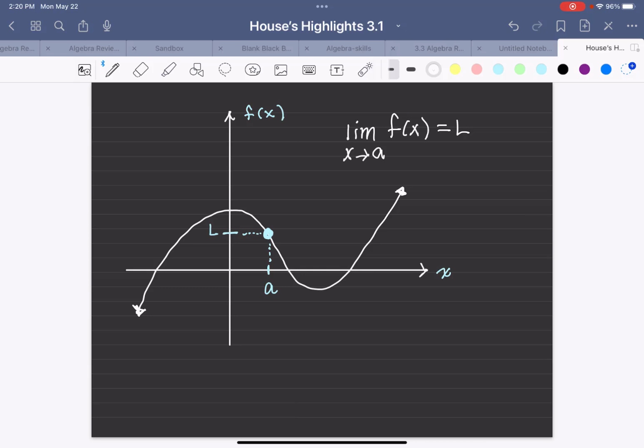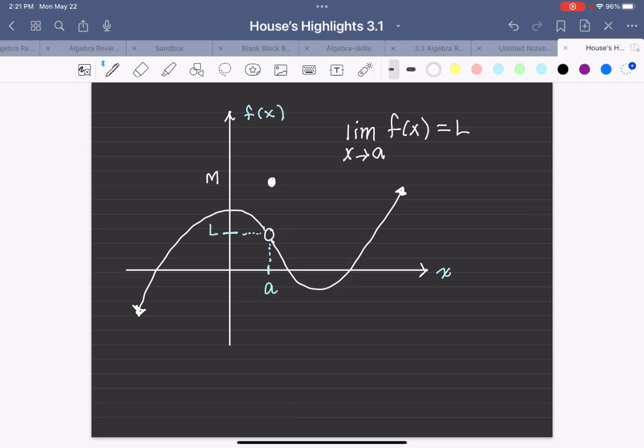Now, it's important to note that even if this point didn't exist here, so let's say there's a complete hole in the graph here, like you sometimes get when you have rational functions, and that function value is defined up here to be something else that we'll call m. Okay?